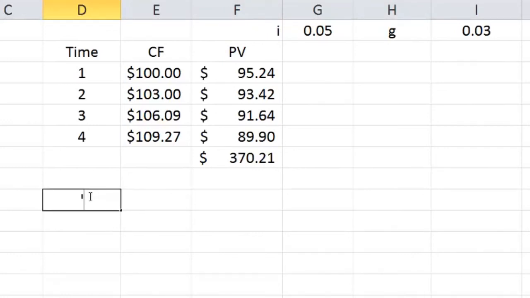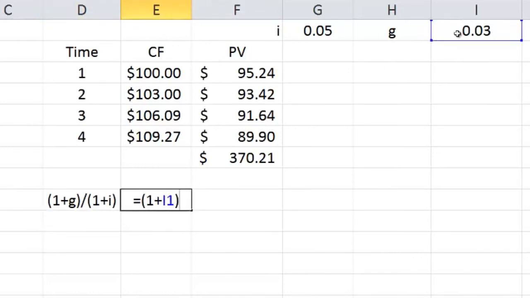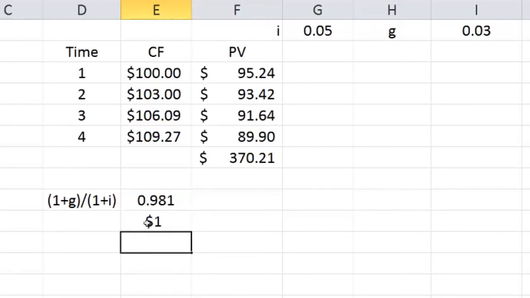So the first step, I'll calculate 1 plus G divided by 1 plus I. The next step is to raise that to the nth power, which in this case is 4.